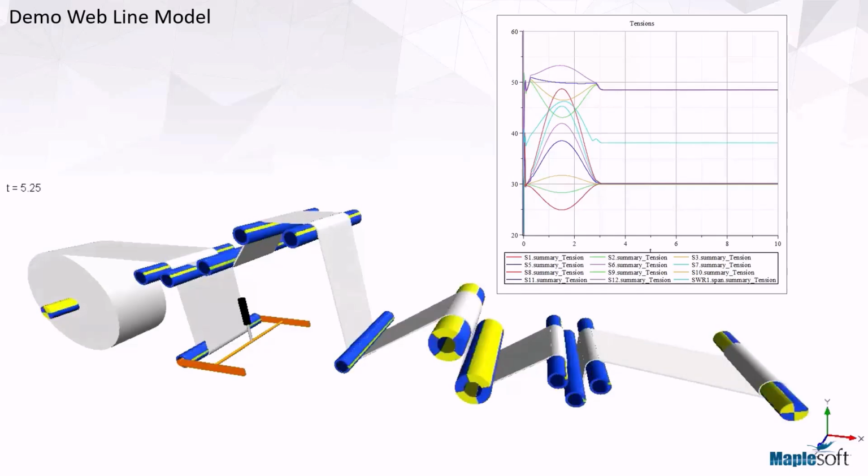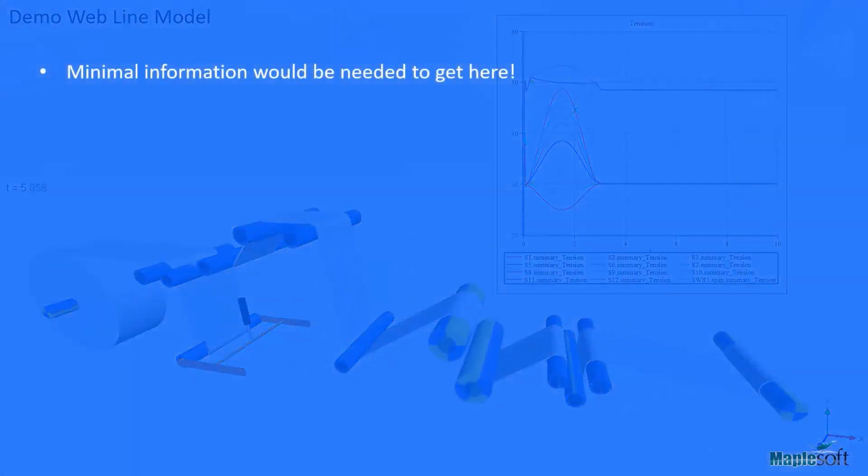Here we see the effect of the acceleration during the first few seconds of this particular demo simulation, how it affects the two tension zones by increasing or decreasing the tension in various spans. So right here, without really doing anything else, we could basically investigate the effect of ramp up speed profile or the density of the rollers on these tensions. Minimal information really would be required to get here.